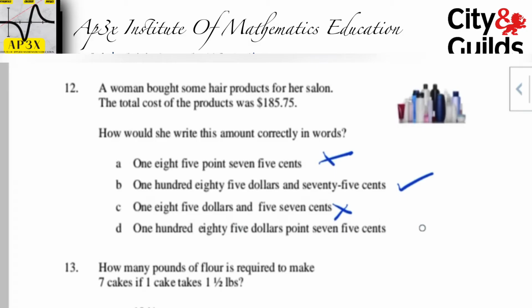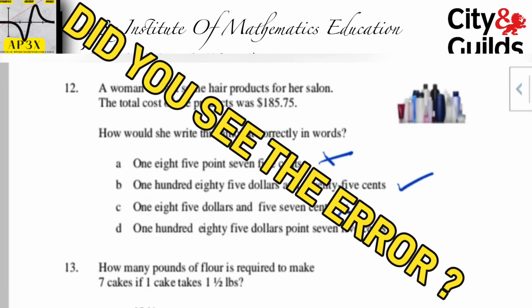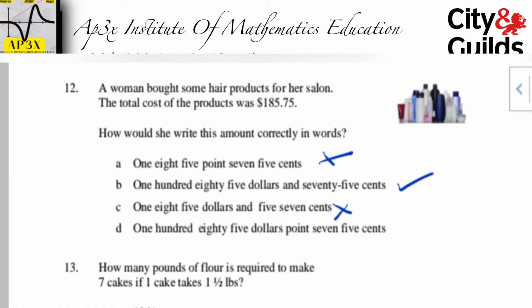I think there's an "and" that needs to be after the word point. Okay, I think that most likely the answer would be this one. I think that's the answer, guys.